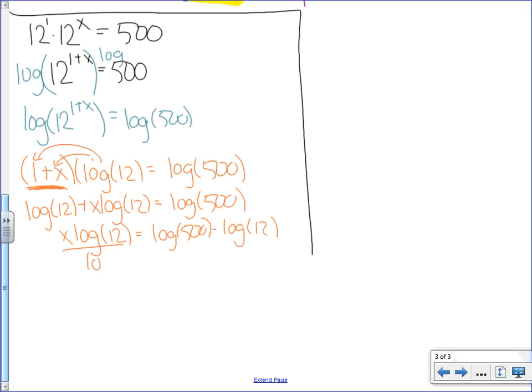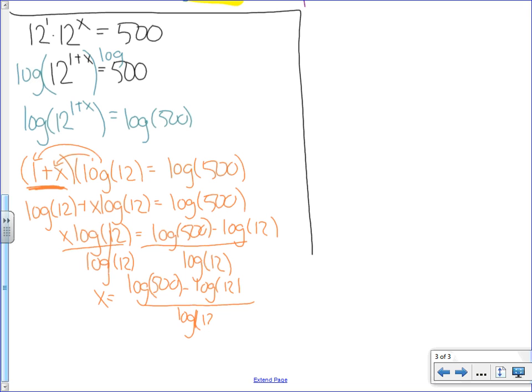And divide both sides by log 12. And that's really x is equal to the log of 500 minus the log of 12, all over the log of 12, which should look really familiar because that's what I got the other 2 times.